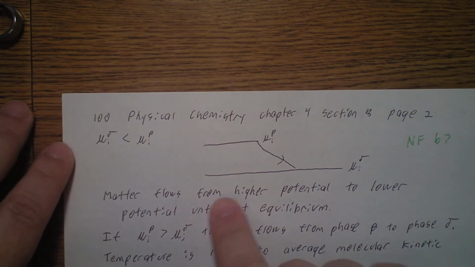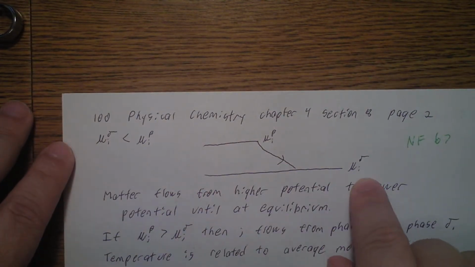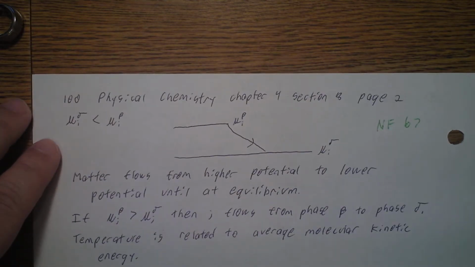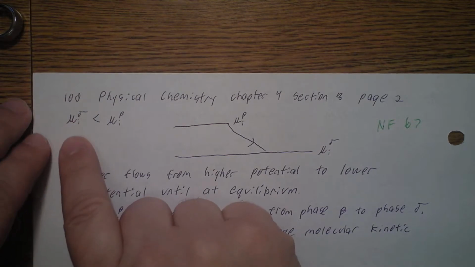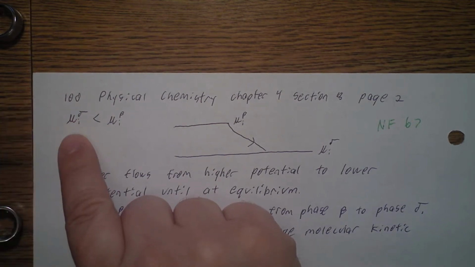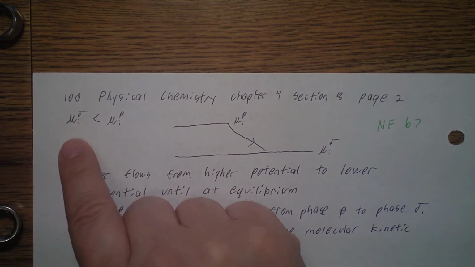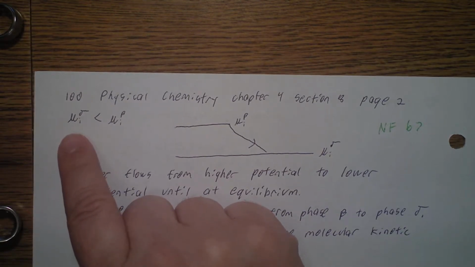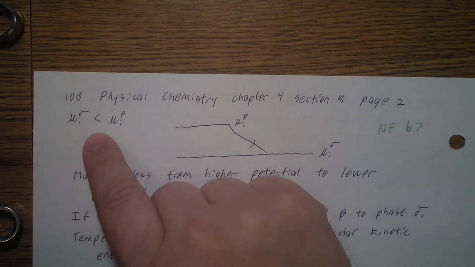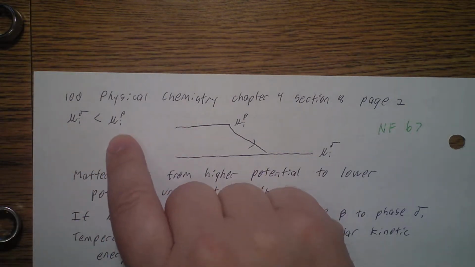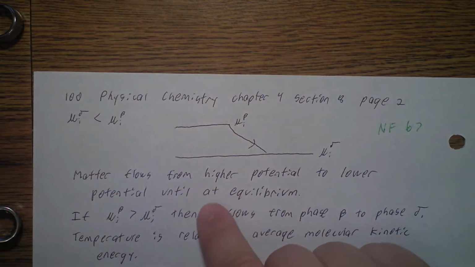Now here's our chemical potential of substance i in phase delta, and this is our chemical potential of substance i in phase beta. We know that when we add the solid and it dissolves in the liquid, the chemical potential of substance i in delta, the aqueous phase, is less than the chemical potential of substance i in beta, the solid phase.